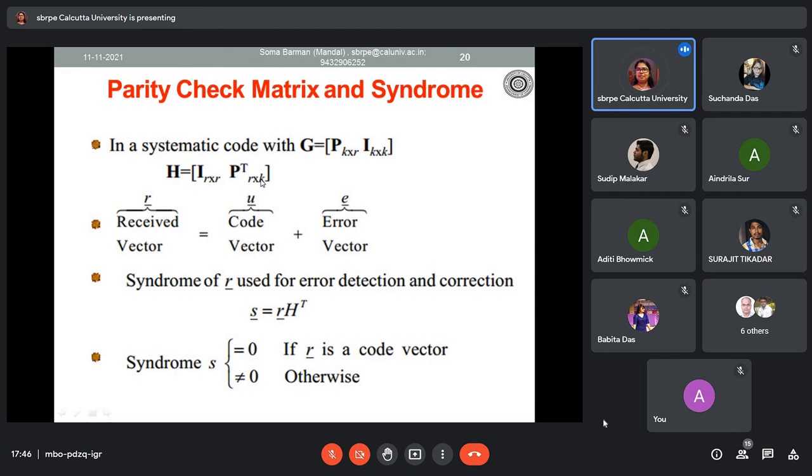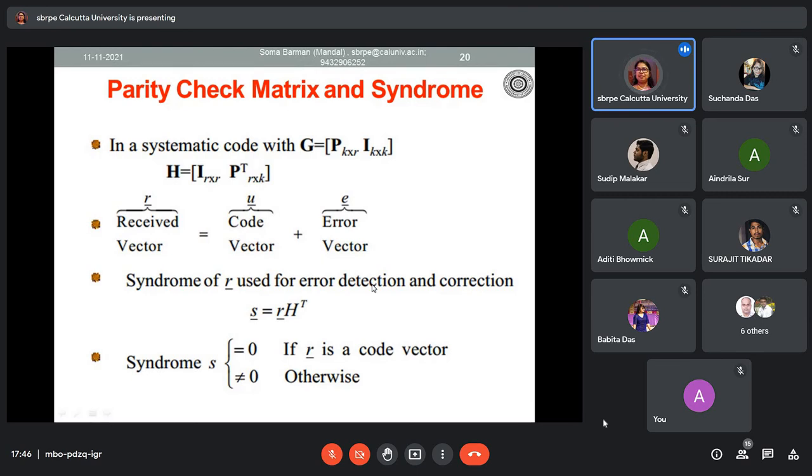That is by using syndrome calculation. The syndrome of R is used for error detection and correction. If we detect or locate the error, error correction is very simple because it is a binary operation, so your digits are 1 and 0.